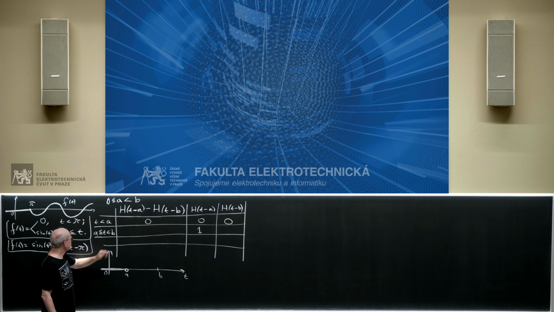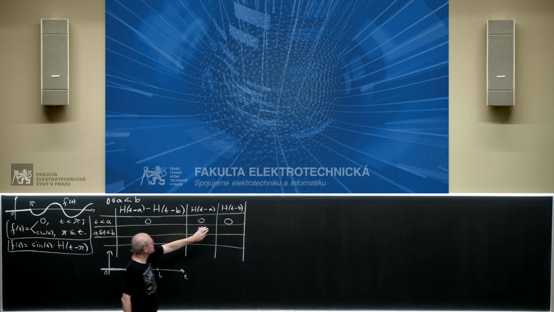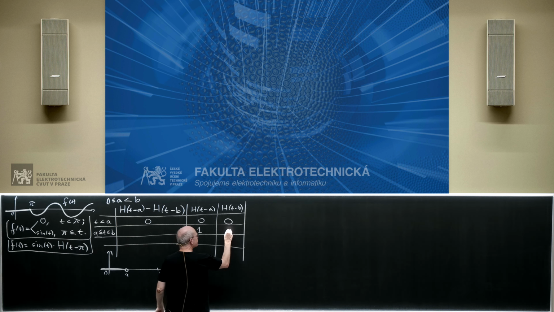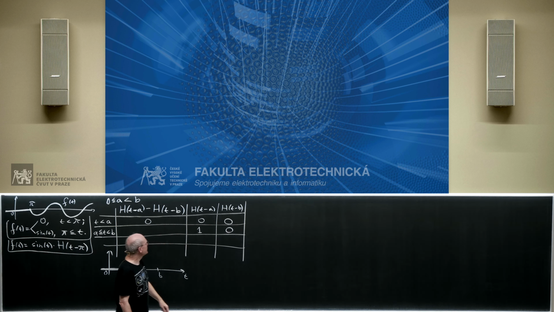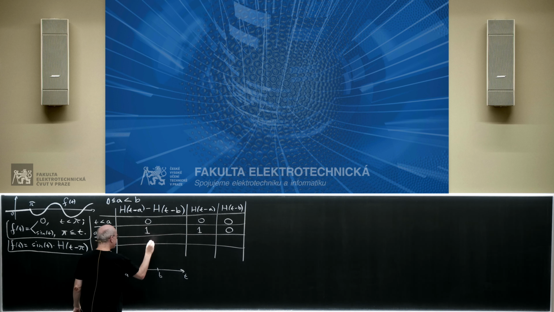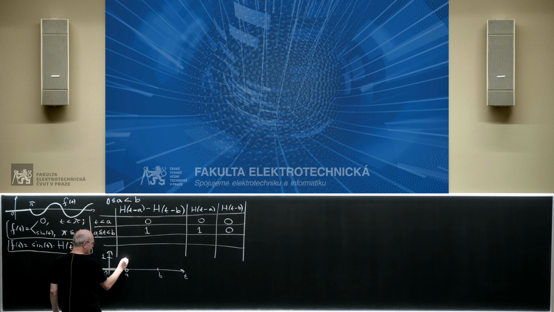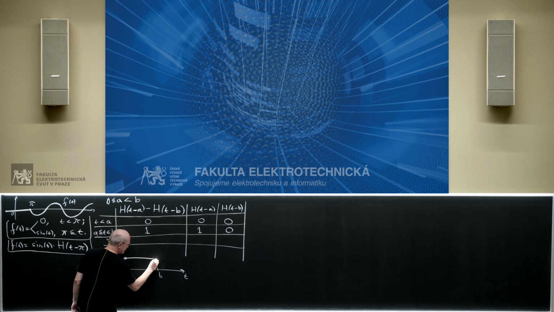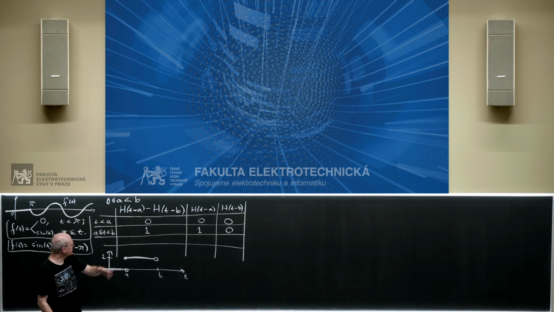On the other hand, if t is between a and b, then t minus b is definitely negative, and this Heaviside function is 0. When I subtract them, 1 minus 0 is 1, and we have a nice steady signal on the level 1, all the way up to b. What happens once we pass b?